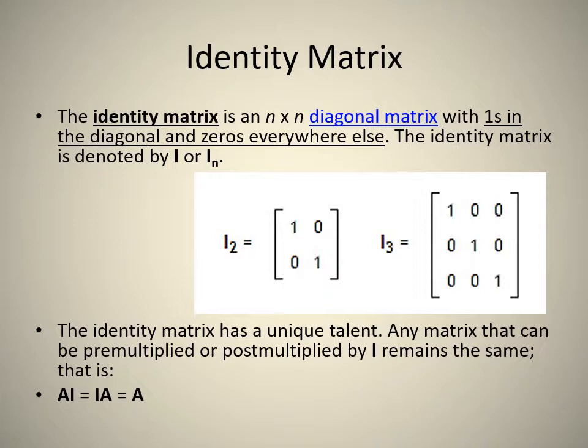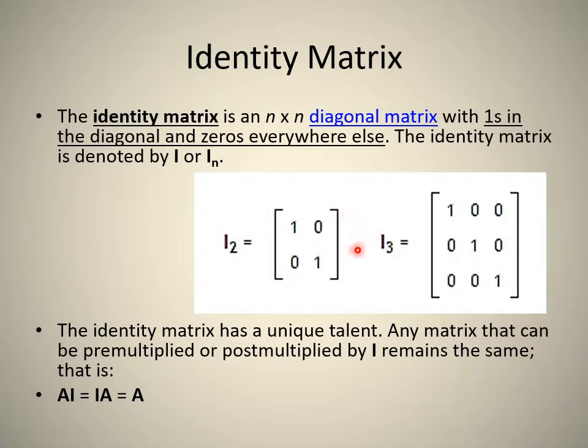And we have also spoken about a diagonal matrix being a matrix with elements only on the diagonal, and on the off diagonals we have zeros. So an identity matrix is a very special type of diagonal matrix with ones on the diagonal and obviously zeros on the off diagonal.